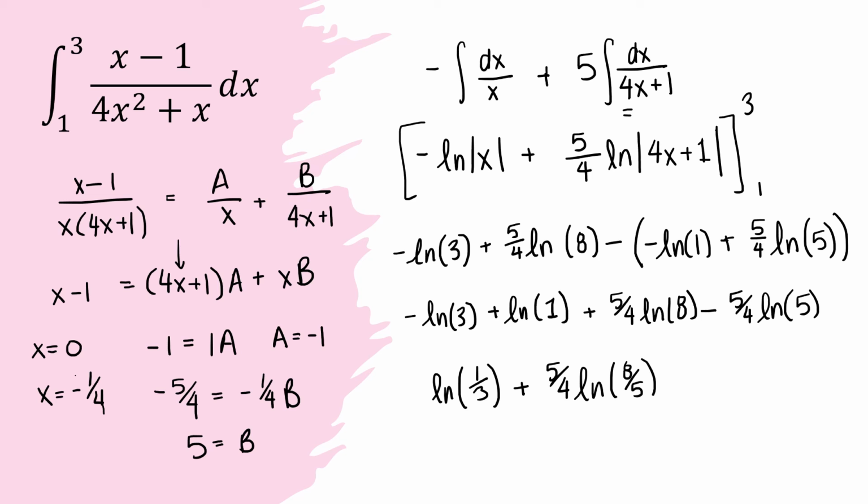And you could go even further and put the 5 over 4 back in as a power and do a multiplication with a single term. Doesn't really matter to me. So here's the exact value of this integral.